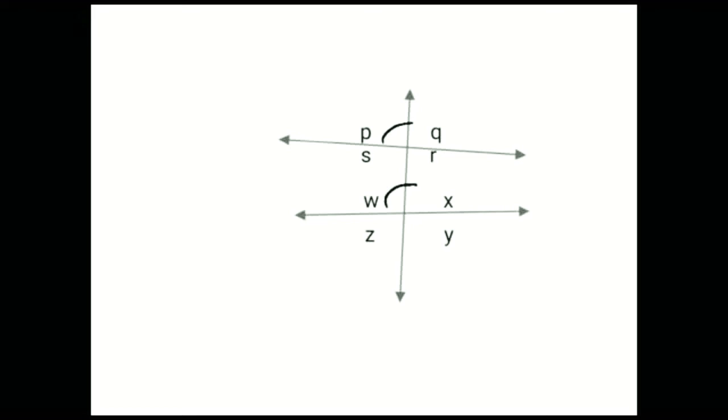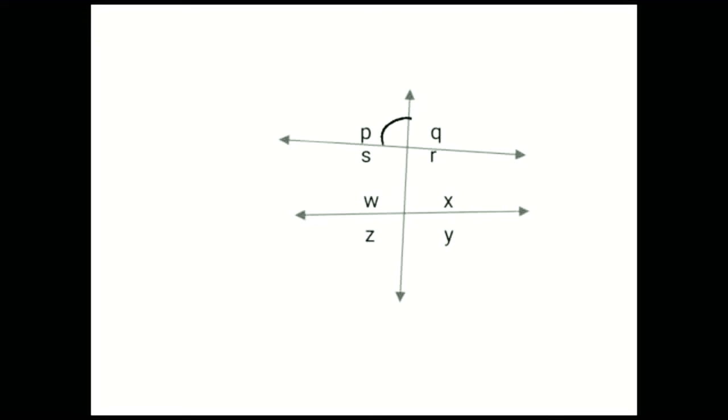Angle P and angle W both are in the same direction. Both angles are in the same direction with two different lines. Now angle P is on first line on left side.